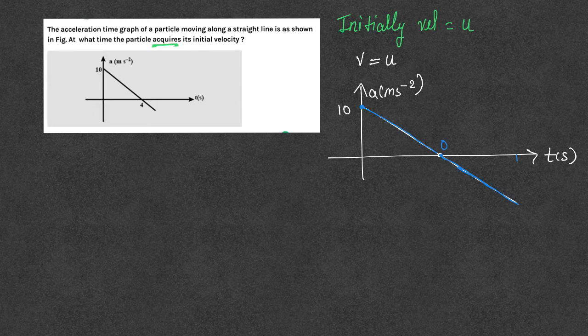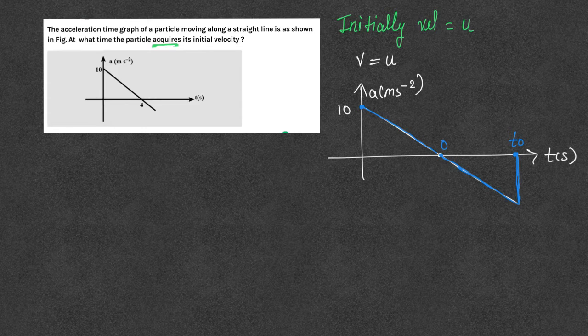So at some point over here, let us take t0, it will come back to its initial velocity. The velocity at time t0 will be the same as this point over here, the starting point.